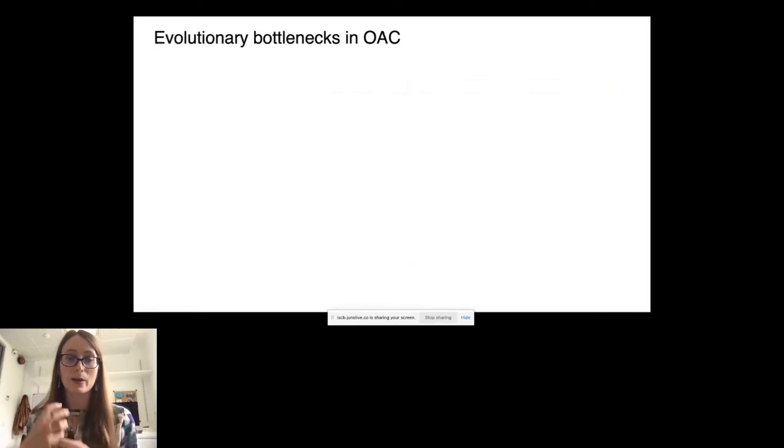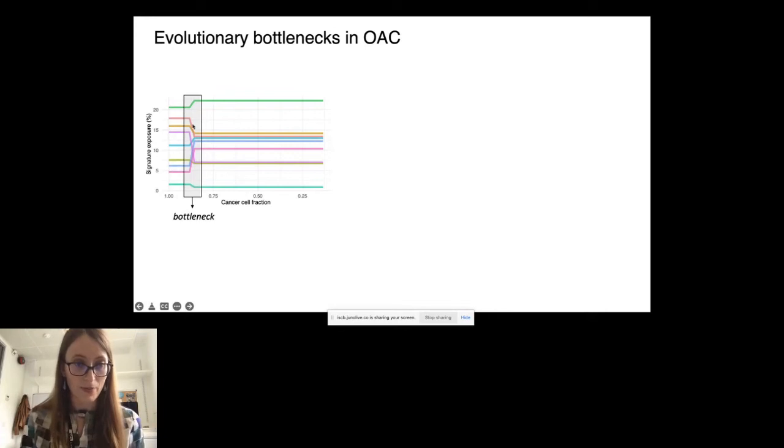Now, how can we study this more formally? So like I said, we do want to identify these evolutionary bottlenecks where mutational signatures are changing. And what I mean is that first you have a certain mutational processes represented by these different colored lines, and they all contribute to a certain extent mutations in the genome.